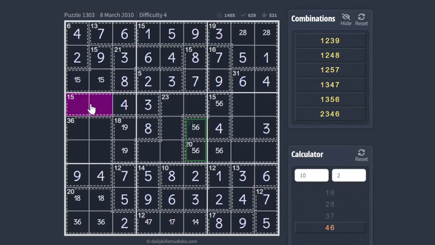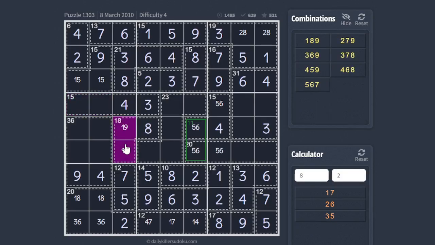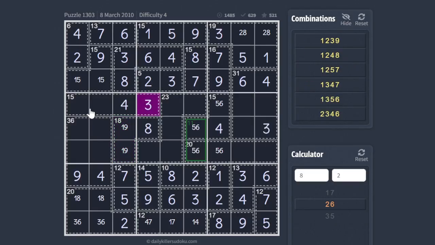We can resolve this, and that's because of this 1, 9, and so this is a 7 cage, this is a pseudo 7 cage, this is a pseudo 8 cage. So the pseudo 8 cage, because of this 1 here, we can eliminate the 1, 7, and because of the 3 here, we can eliminate the 3, 5, putting a 2, 6 here. So this is a 6, and this is a 2.